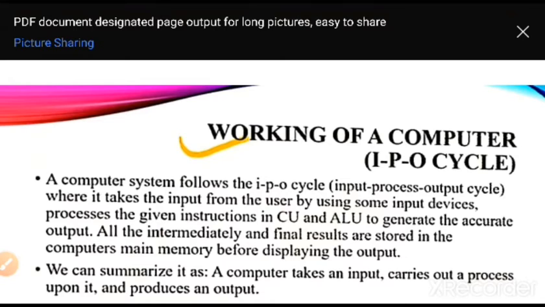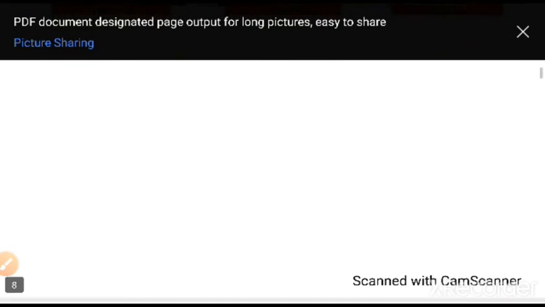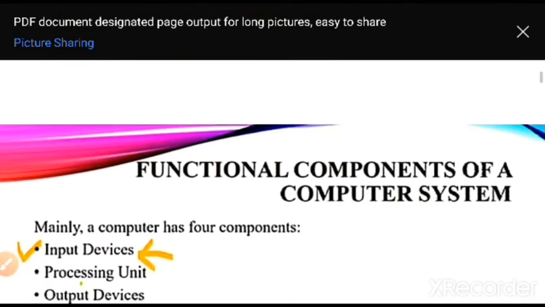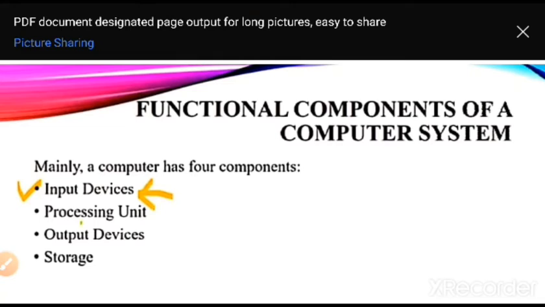Next, functional components of a computer system. Mainly a computer has four components: input devices, processing unit, output devices, and storage.